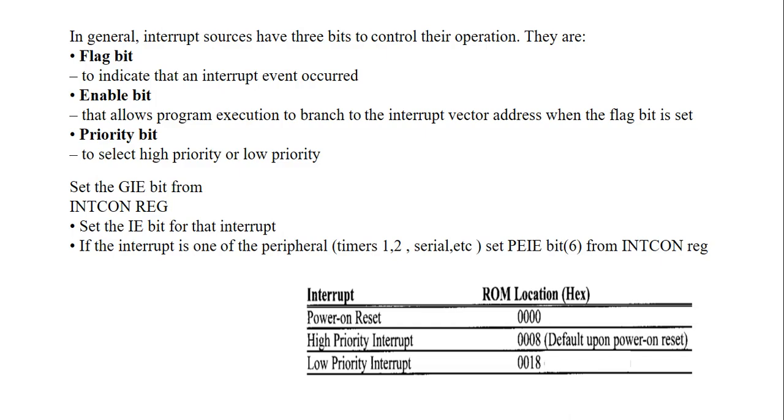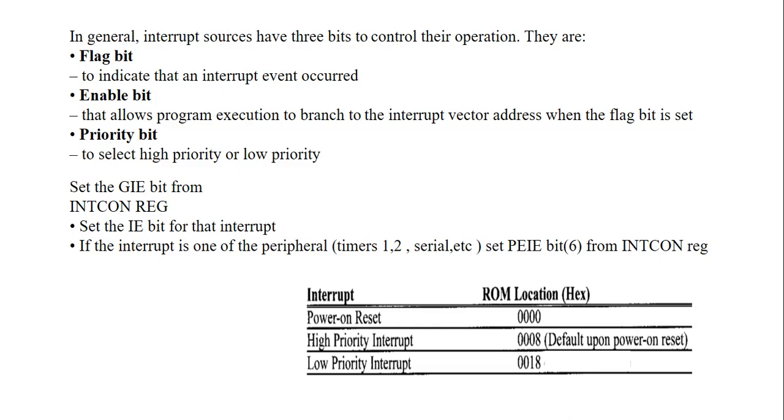When the interrupt occurs, what are the steps the microcontroller has to do? First it sets the GIE bit from the INTCON register. GIE is global interrupt enable. As I say, it enables the interrupt. First of all, it decides what type of interrupt it is. There are n number of interrupts.